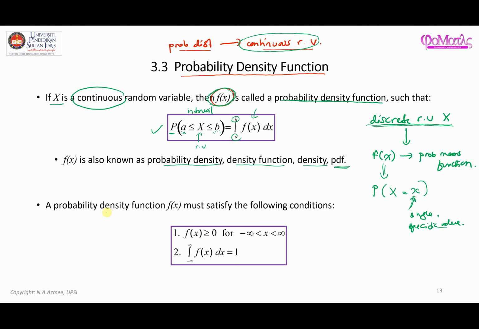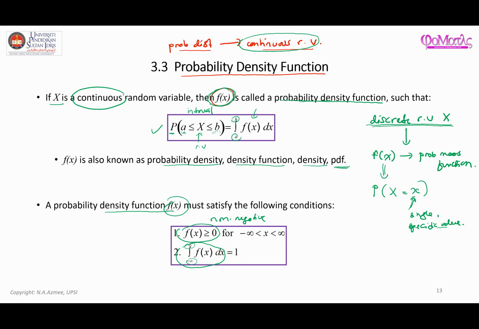Now, to be a probability density function, f(x) must satisfy the condition that each value of it must be non-negative. This is a similar condition to what you have seen in the case of a discrete random variable. And for the second condition, if you integrate the function from its lower limit to its upper limit, the result is going to be equal to 1.